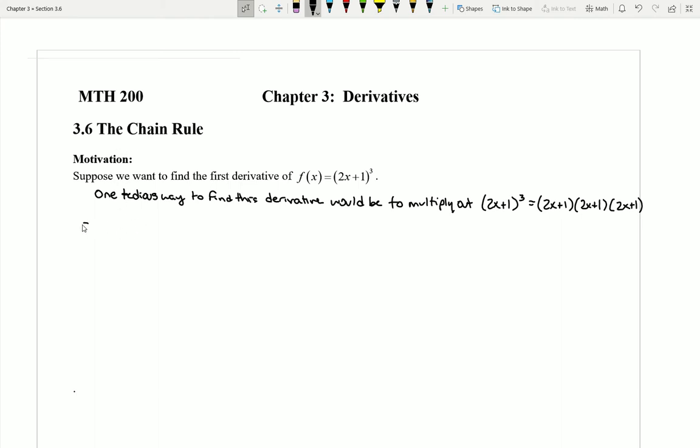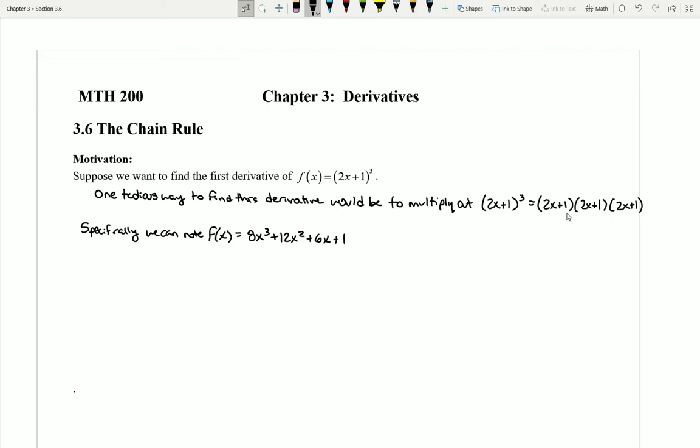Now, if I was to do this, you could actually confirm that I would end up with the following polynomial: 8x to the third plus 12x squared plus 6x plus 1. And again, if you wanted to double check, all you'd have to do is actually multiply out all this stuff.